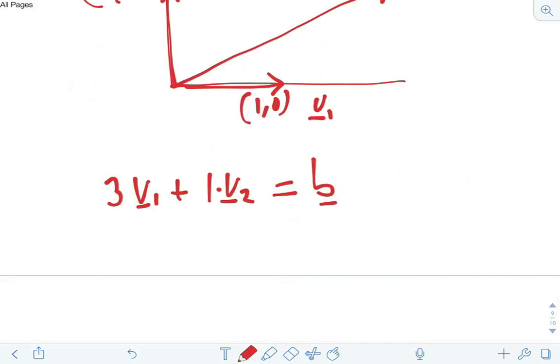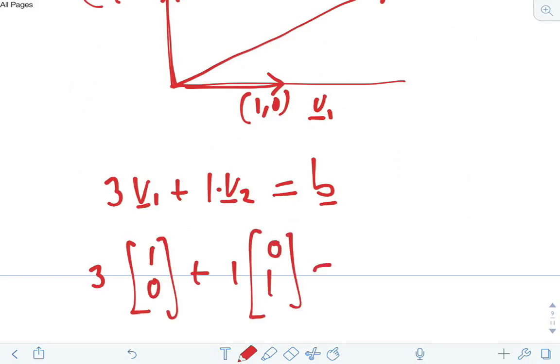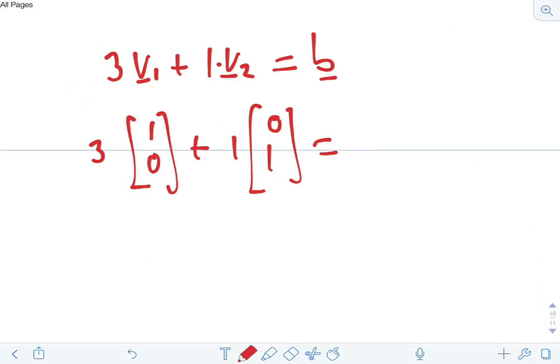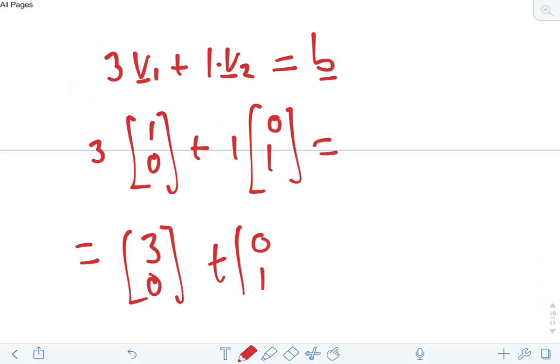So we have 3 times v1, which is equal to 1, 0, plus 1 times v2, which is equal to 0, 1. Right? We multiply a scalar times a vector. Each of the elements gets multiplied by that scalar. So it's equal to 3, 0 plus 0, 1, which is equal to 3, 1, which is equal to b.